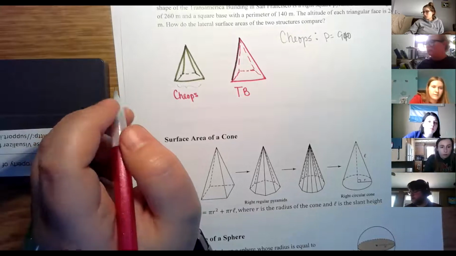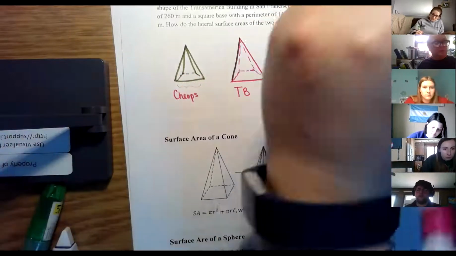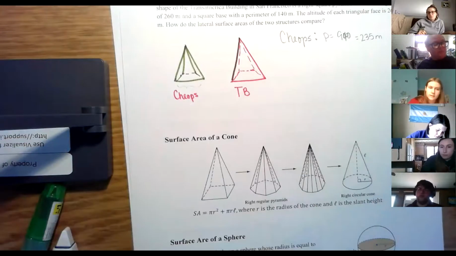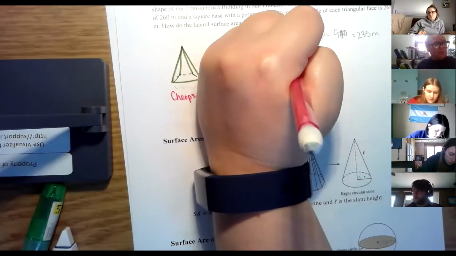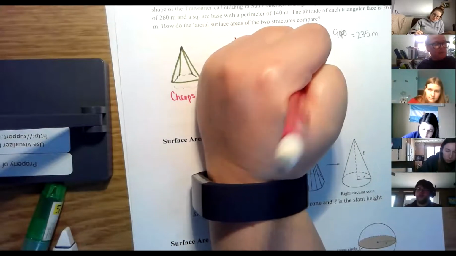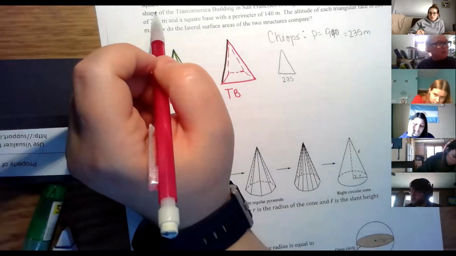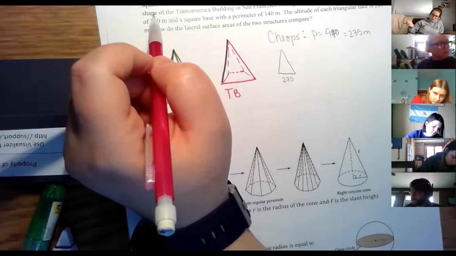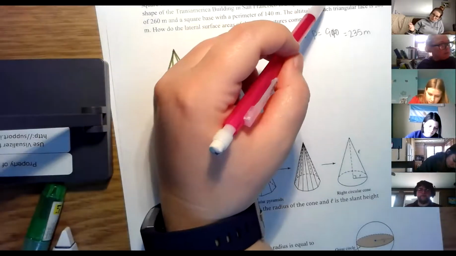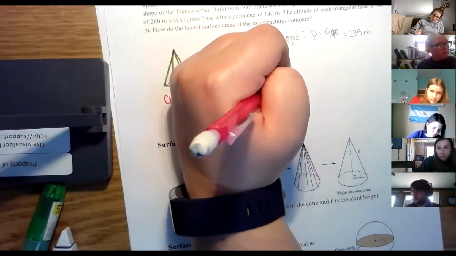It'll be 235, right? So if I look at just one of those lateral faces, I know this is going to be 235. And they gave me my altitude, 189.